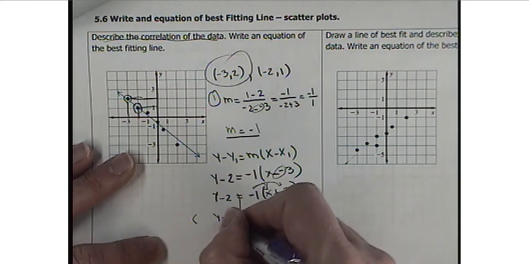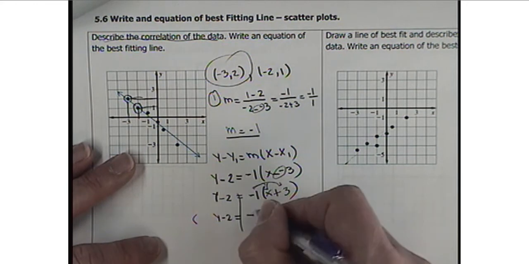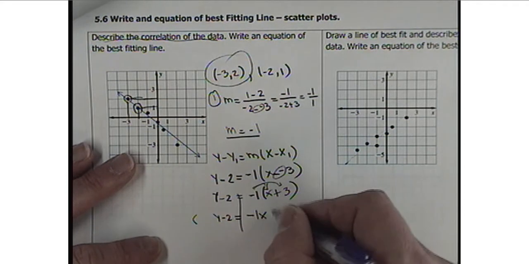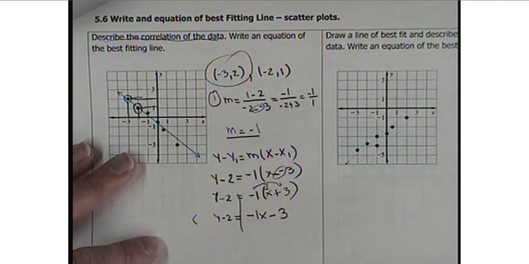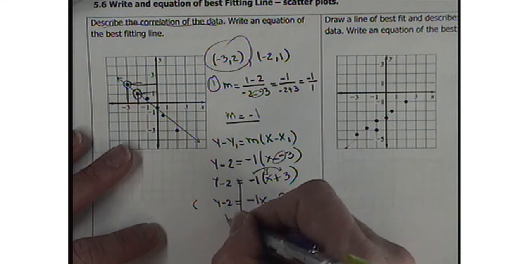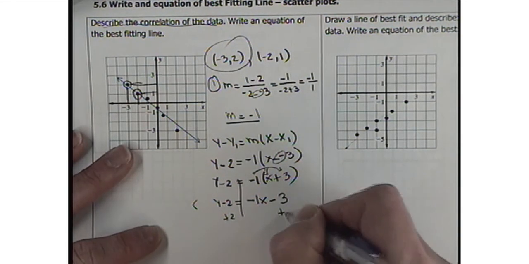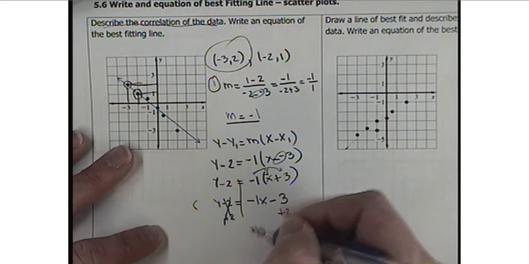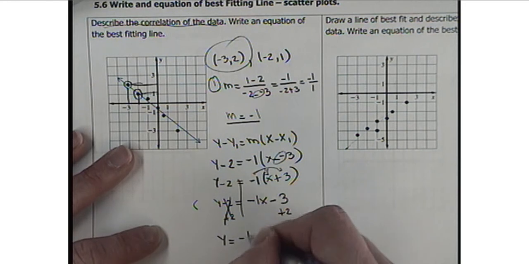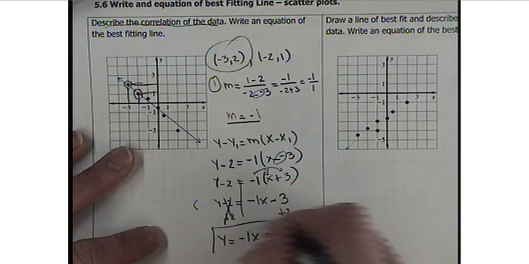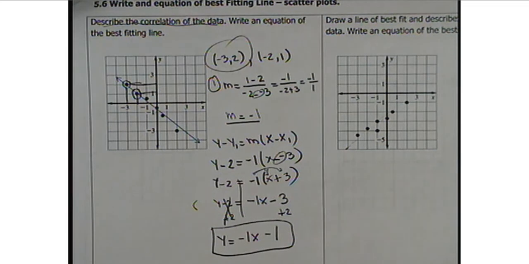Y minus 2 is equal to -1x. -1 times +3 will be -3. And just one more step here, plus 2 on each side. Those 2 cancel. So y equals -1x minus 1 will be the equation of the line of best fit. And with that, we will be done.